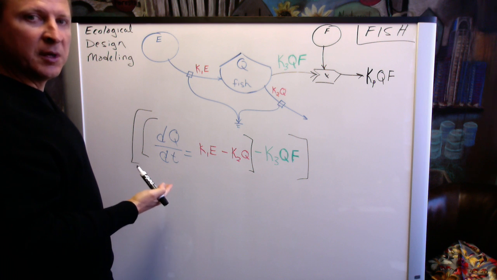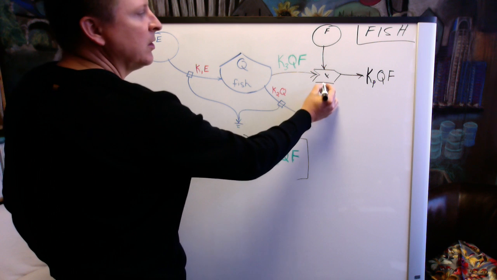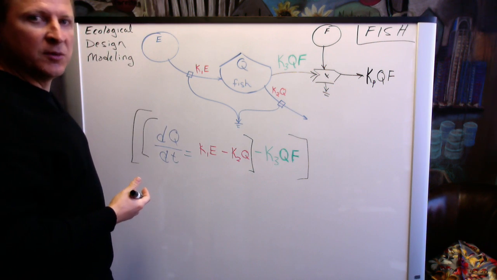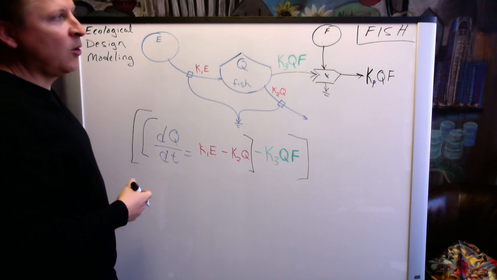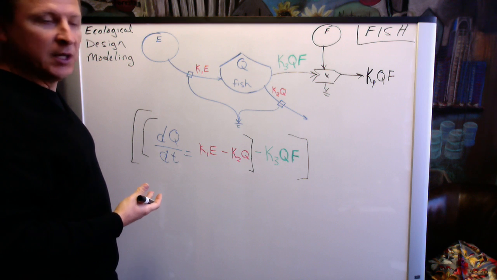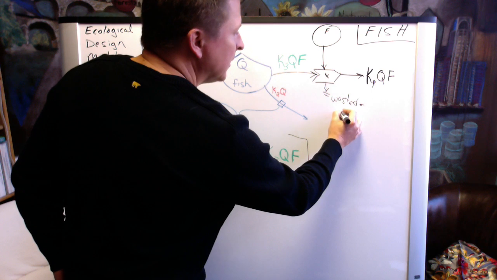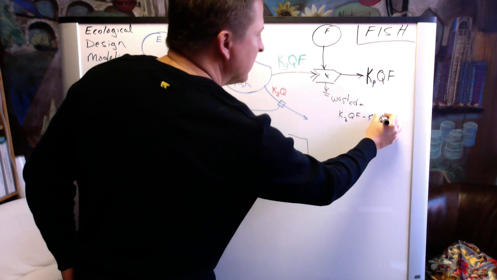KPQF would be the amount of fish that we actually have on the boat ready to sell. So we could have lost quite a number of fish in the process, killed fish that stayed in the water, or brought fish on the boat that we don't sell, and those would be the wasted fish, equal to K3QF minus KPQF.